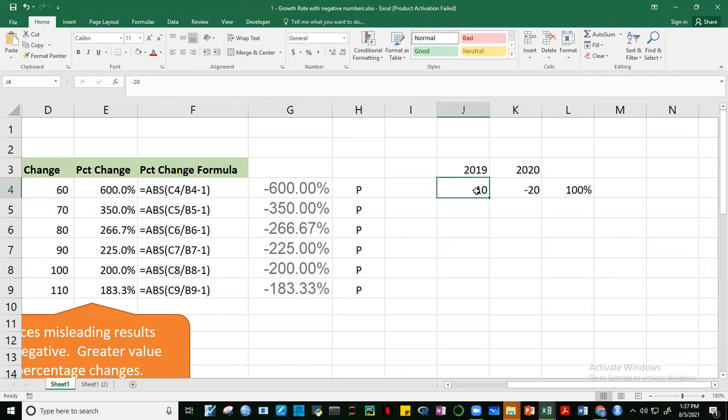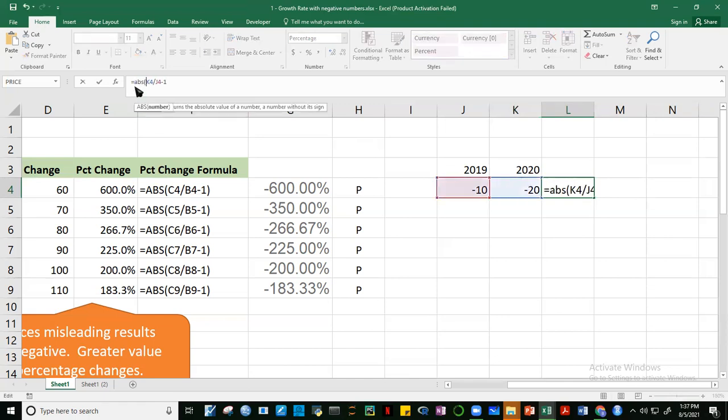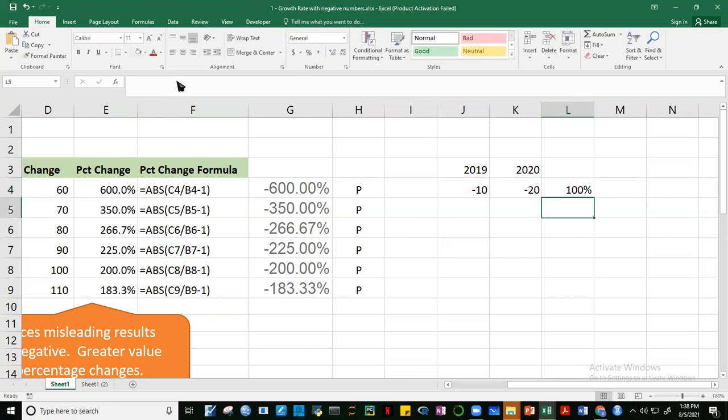Nag-decrease lalo from -10 to -20. Di ba, guys? So dapat i-adjust natin 'to. Dapat siguro lalagyan natin ng abs. No? Okay, so kung parehong negative. Okay, paano kung baliktad? -20 to -10.